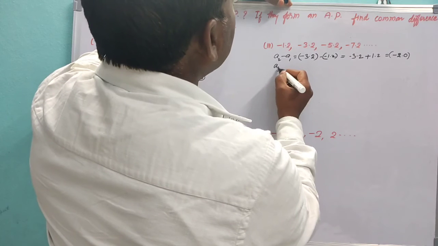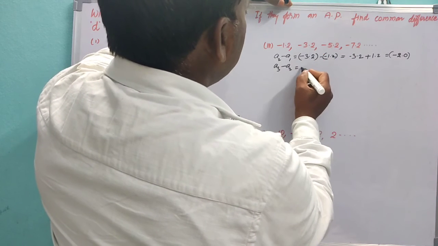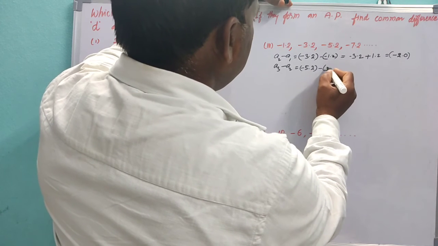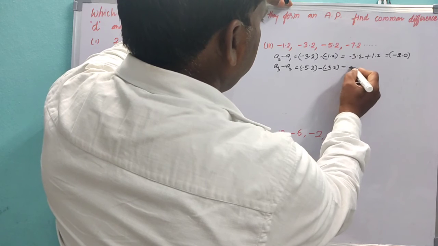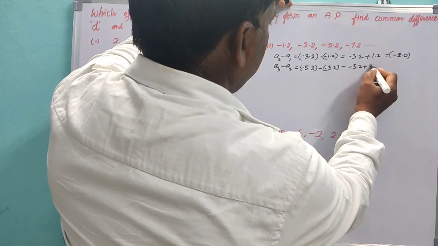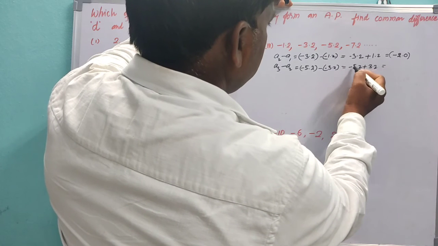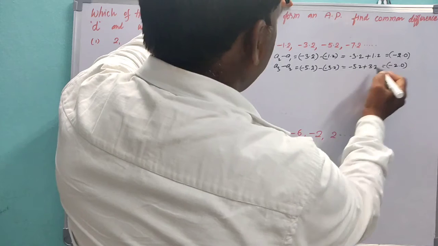Now a3 minus a2. Now this is a3 and this is a2. So a3 is minus 5.2 minus of minus 3.2. Open the bracket, minus 5.2, so minus of minus is plus 3.2. So this is minus and this is a positive value, this is a negative value. So the difference is minus 2.0.